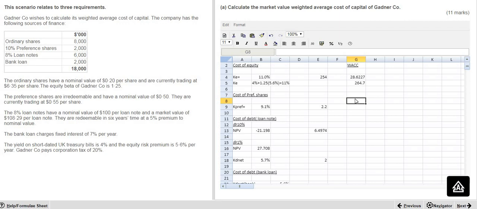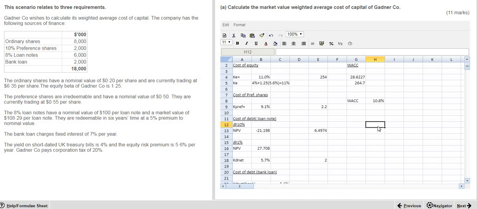WACC is equal to G, what's the cell there? G4 divided by G5. Then I put this in percentage. Remember, cost of capital is always represented in percentage. That's 10.8%.